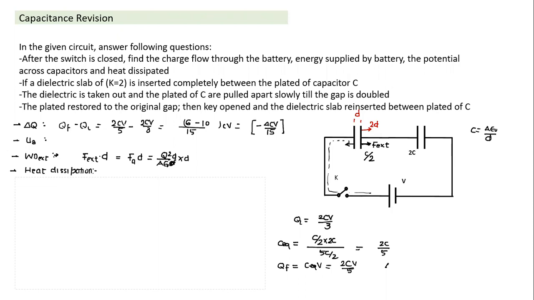What would be the work done by the battery here? Yes, Vignesh, what is the question? Here the charge is not constant, right, sir? How can we do it this way? Yes, very valid question. This is my mistake here.